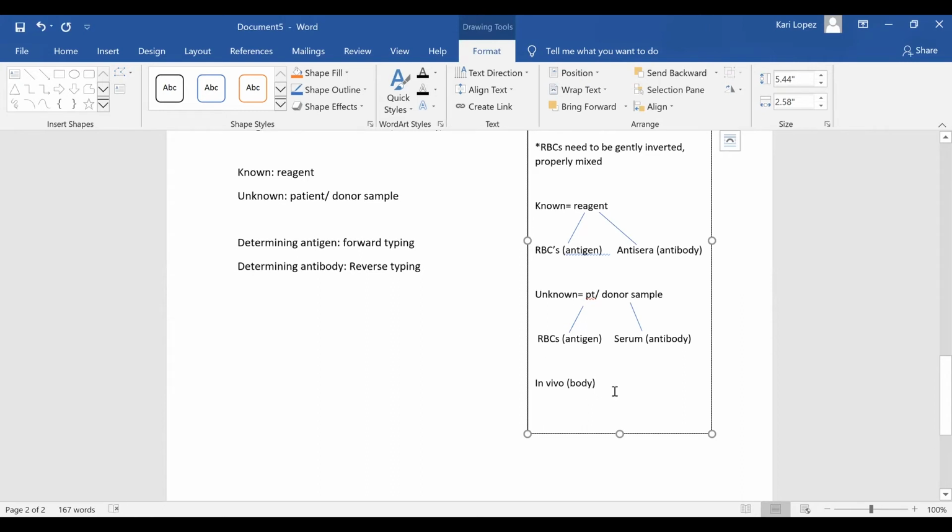So we've got antigen, and what's your sample going to be in the body for antigen? It's going to be patient or donor red blood cells.